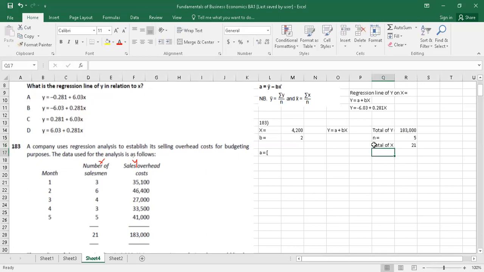Okay, so we can see it here, the formula part of it. A is equal to y bar minus b x bar. Y bar is equal to total of y by n. X bar is equal to total of x by n.